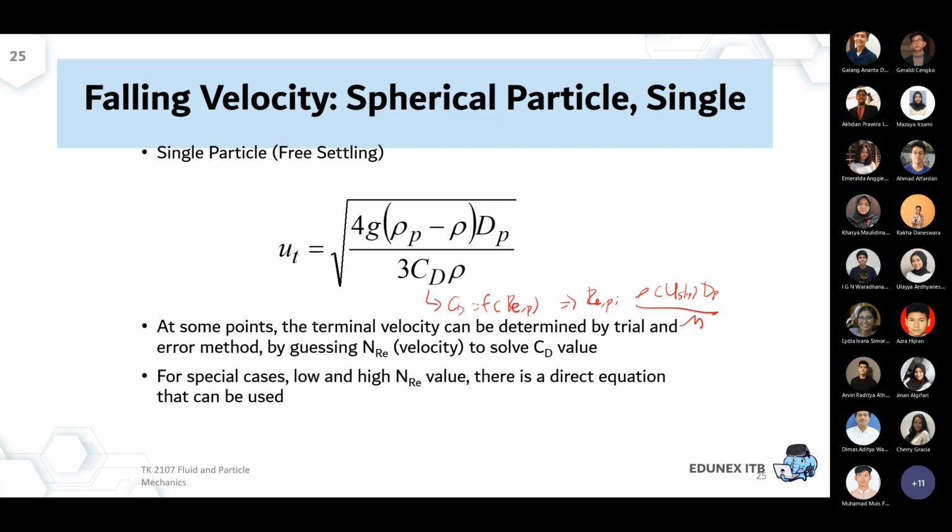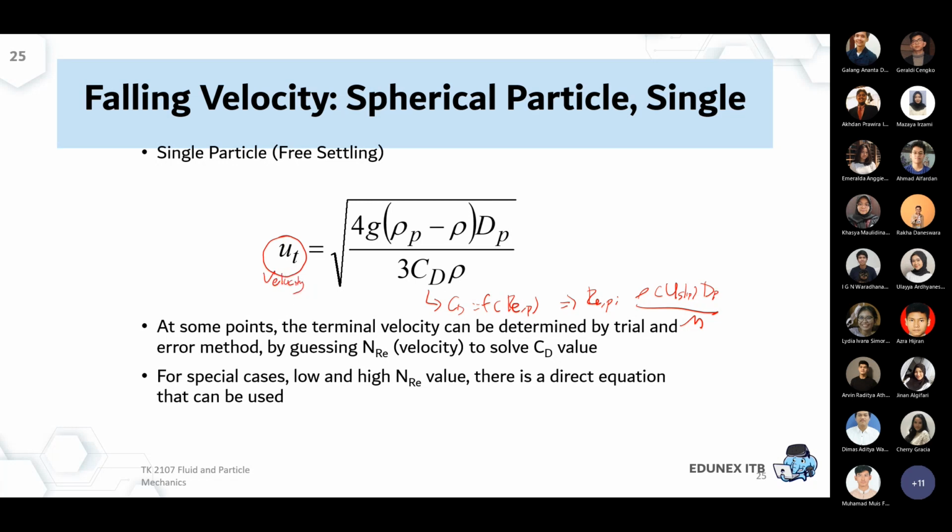So we don't know directly at the beginning of the calculation what the Reynolds number is, what the velocity is, and so on. It's like a circular reference. If you calculate using Excel, you want to calculate velocity.